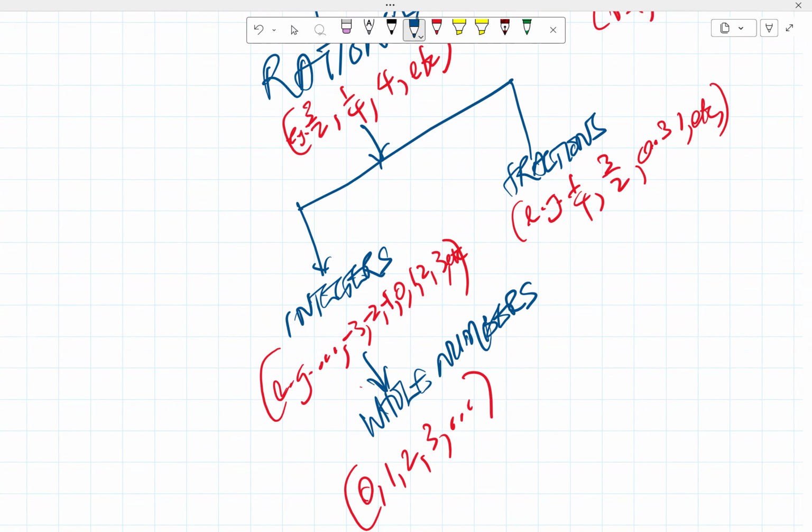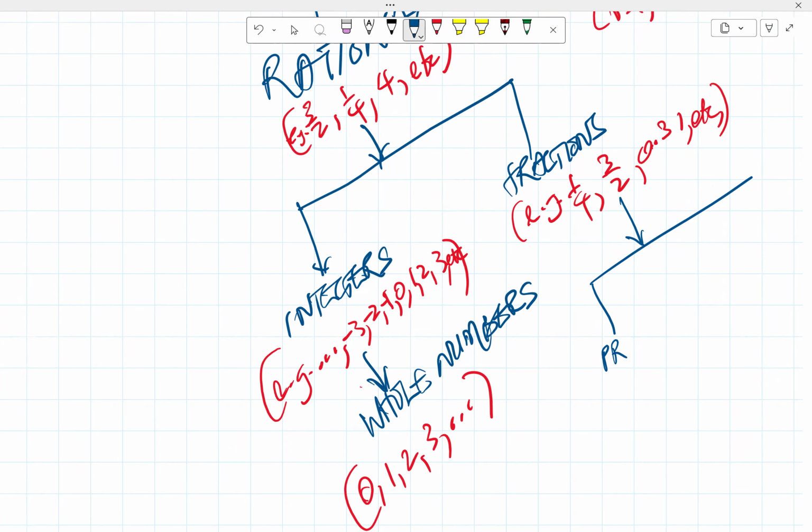So I think I can do that. Maybe we can even have up to 4 classifications of fractions. Yeah, I can think of 4.